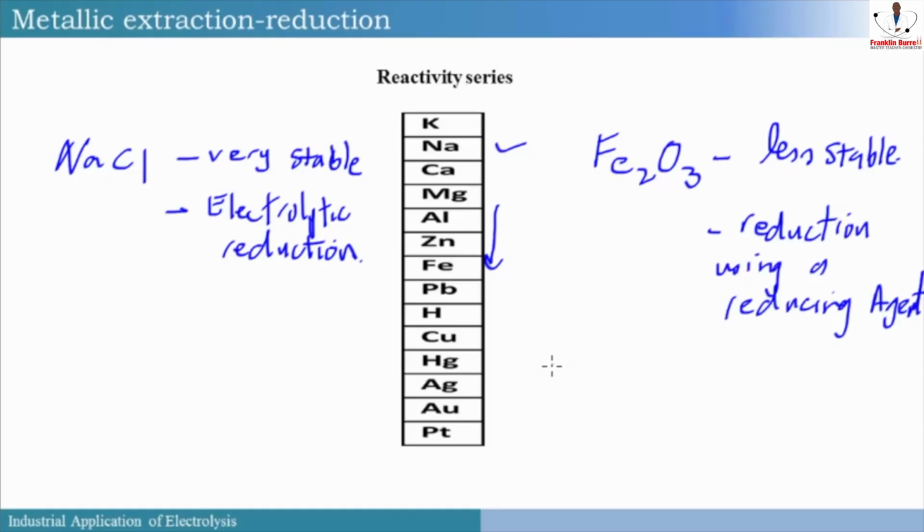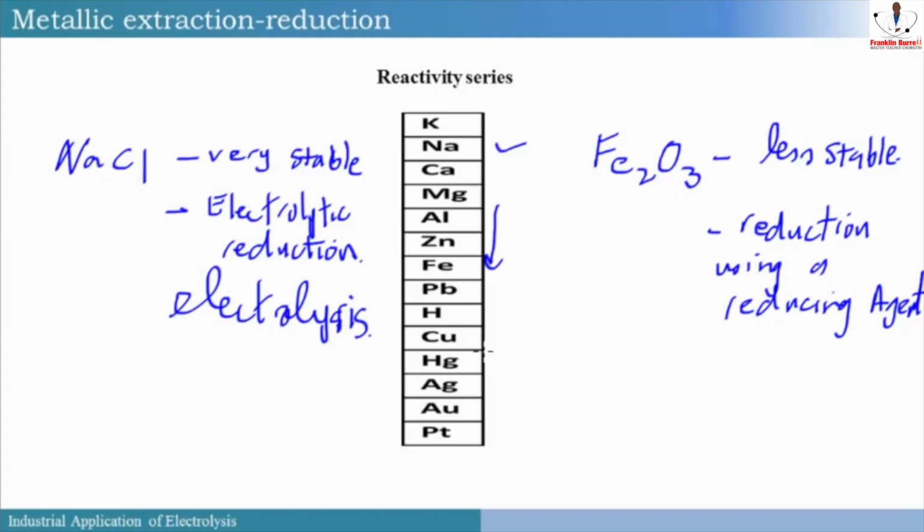So basically, for any compound you get, if they ask what is the best method to separate that element or metal from its compound, you must identify its location in the reactivity series. If it is high in the series, then the method would be electrolytic reduction, which is really electrolysis.